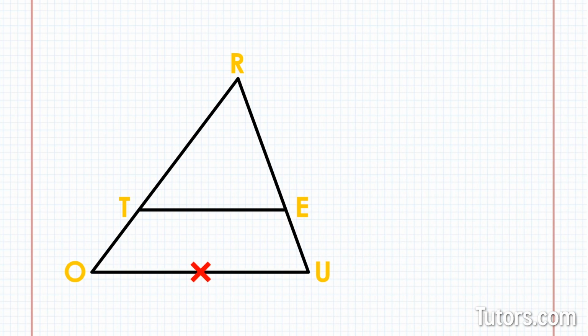You know the road going from T to E is parallel to the OU road. You know the distance from your starting point, O to T, is 6 kilometers, and TR is 15 kilometers. You also know that the distance from stop R to E is 10 kilometers, but you have no idea how far you will drive from E to U. Thanks to the Triangle Proportionality Theorem, you can easily calculate it.